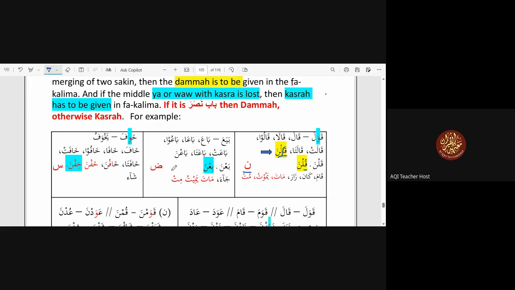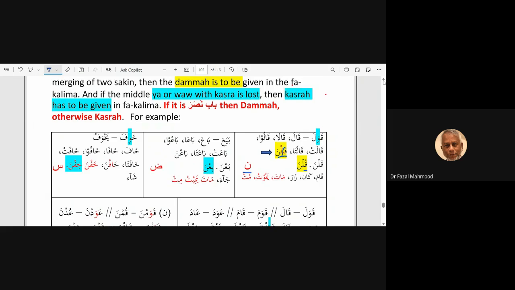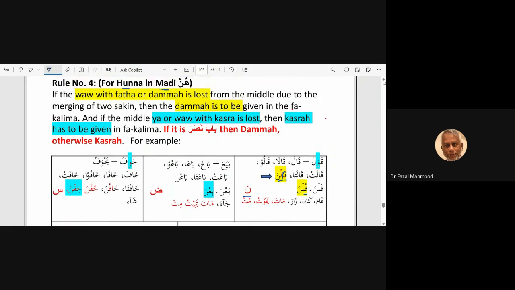I just wanted to add one thing. It's not written here, but everybody should realize that it is hunna and it's number 5. So the fifth one has got ku instead of ka, it has become ku with dhamma because it is part of bab nasara. And from number 5 until the end, number 14, they're all kul, kul, kul.